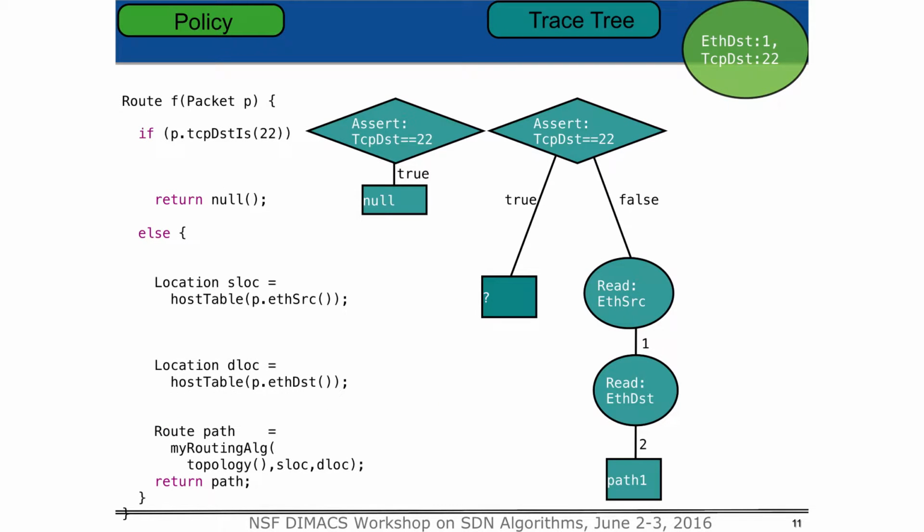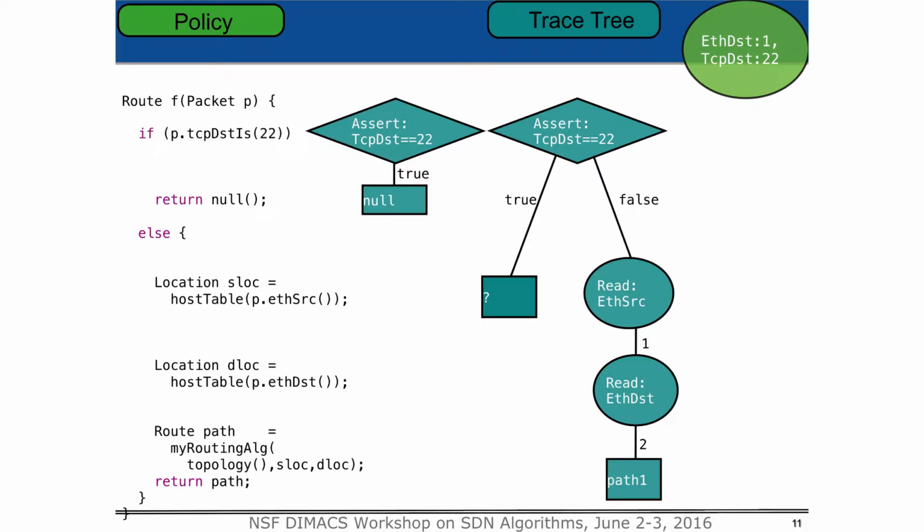Using these traces, we can build a tree. We then build the trace tree dynamically. Currently we do not know what will happen when the assertion that TCP destination equals 22 holds, so we simply put a placeholder on the true branch and construct the trace tree.